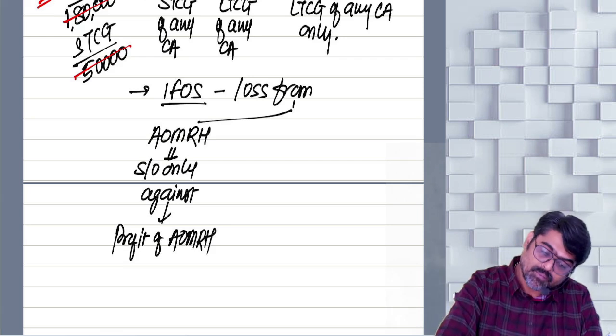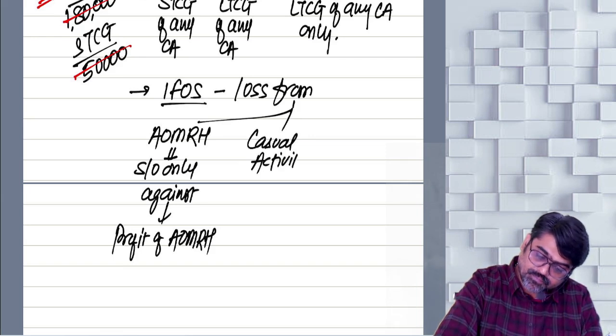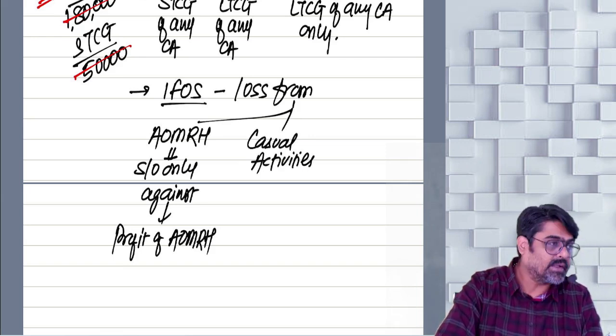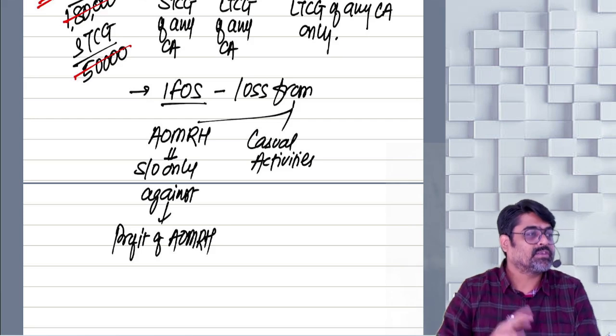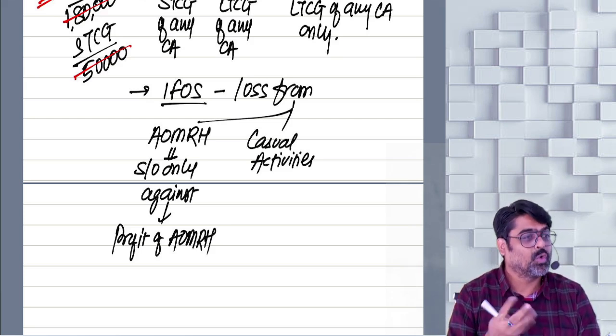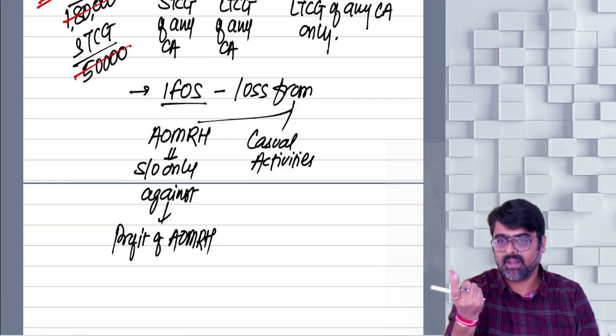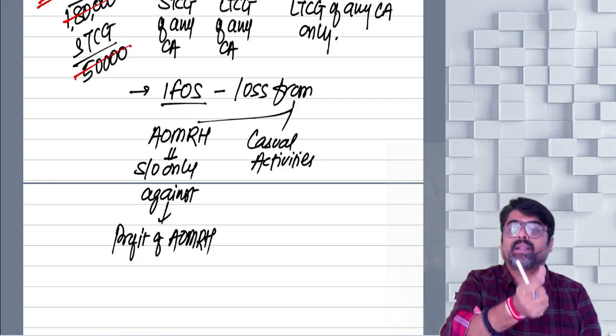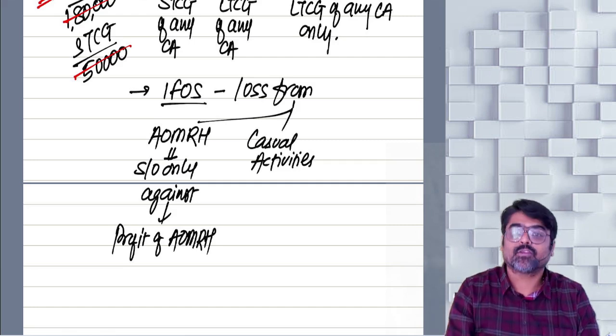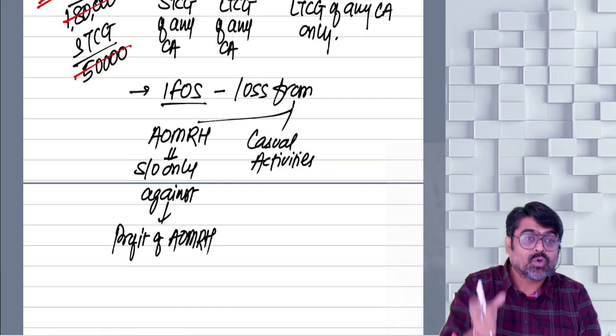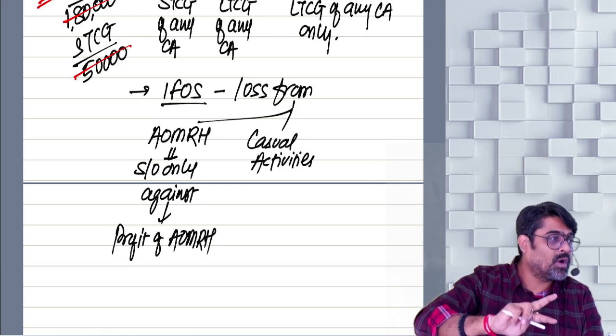Now, can you have loss from casual activities? Do you remember, casual activities have chances of winning and losing. Yes or no? So some casual activity like lotteries, betting, gambling, horse race, those casual activities, you win or lose.